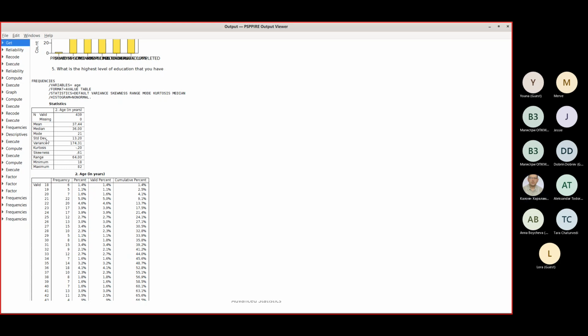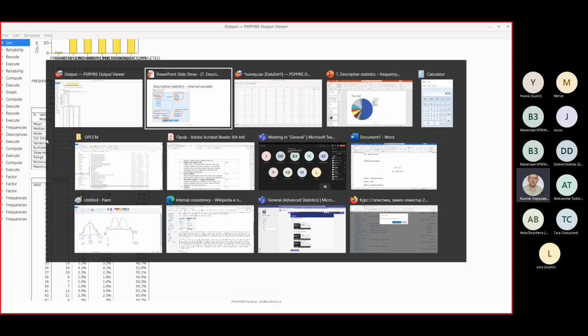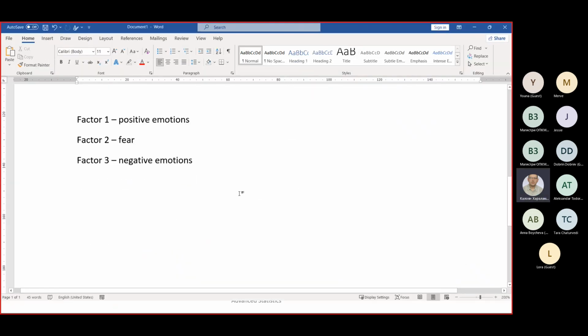And here we can calculate mean minus 1 standard deviation and mean plus 1 standard deviation.